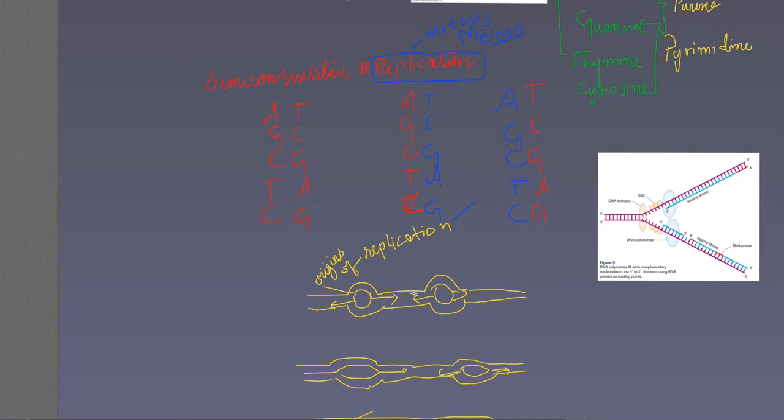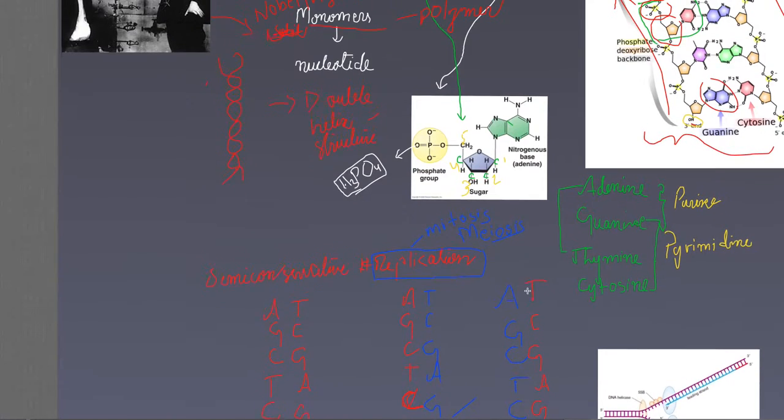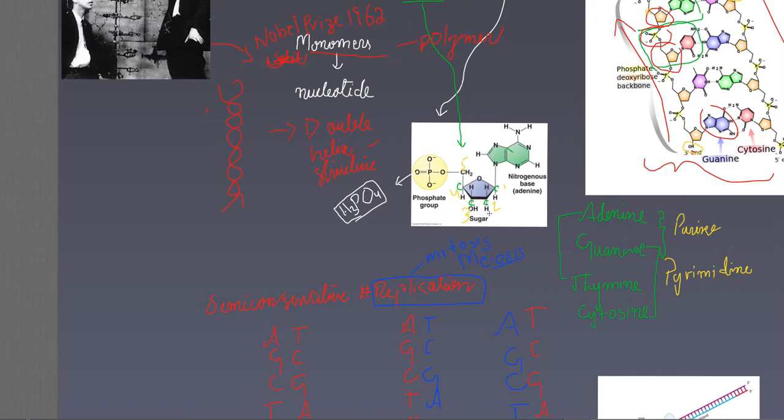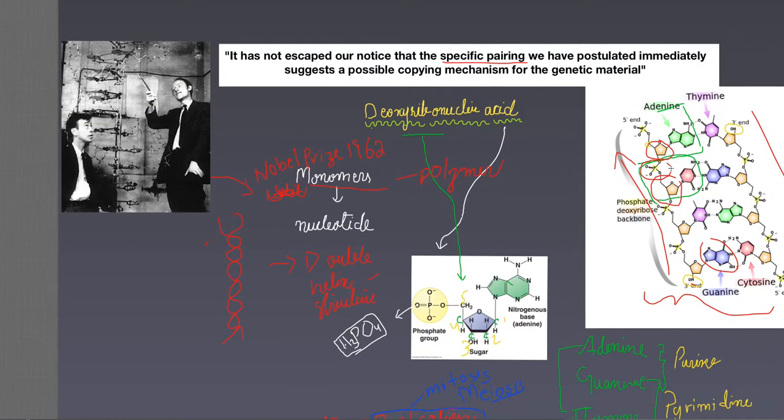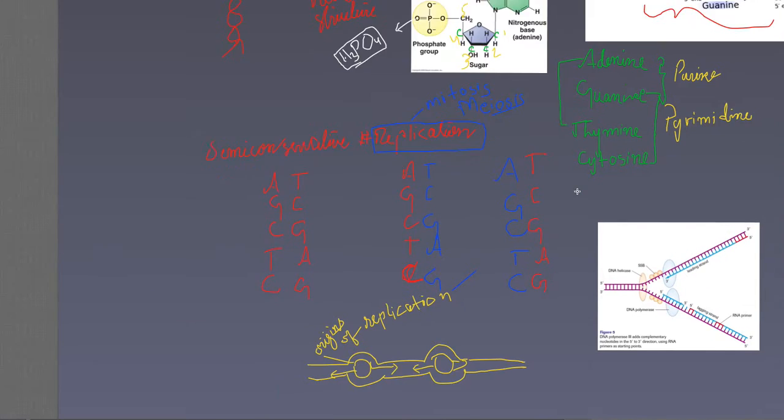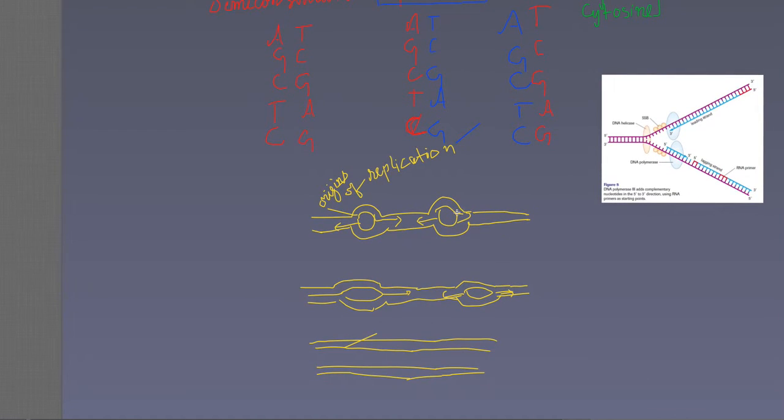Now if we look at a closer view, you might be thinking, why did he mention the 5' to 3' and these 3' and 5' carbons, and what is it used for? It's quite useful, because when DNA wants to replicate, first it has to separate the two strands, and it does that with the help of an enzyme called helicase.